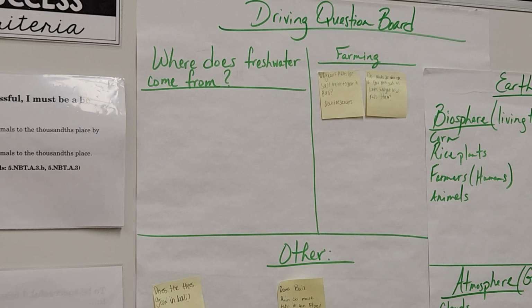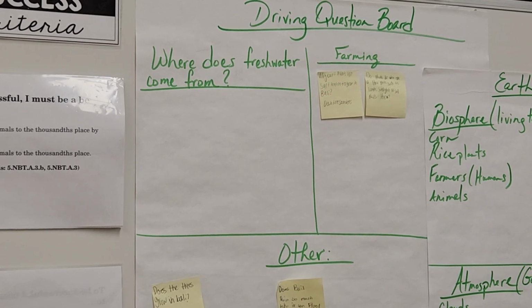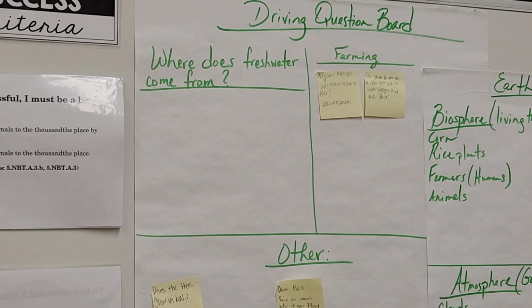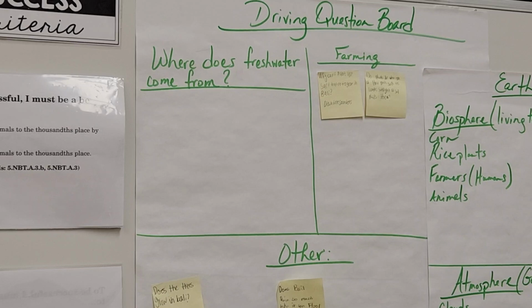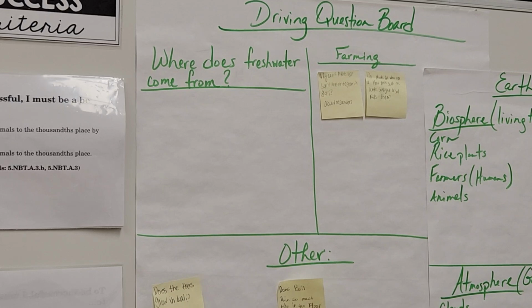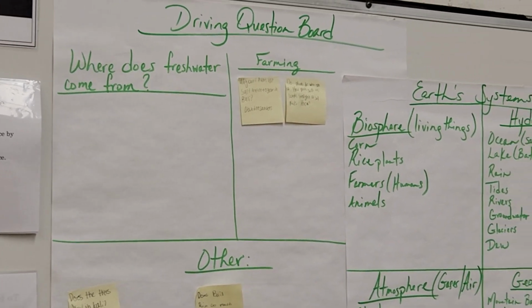So they just add any questions they have, they put it on a sticky note, and then they walk up to the board and put the question in the category it fits in. And if there isn't a category, they just put it under the title Other. All right, on to the next thing.